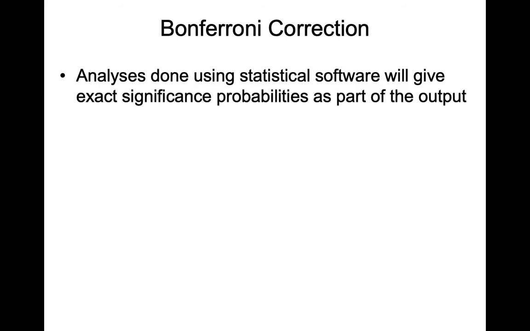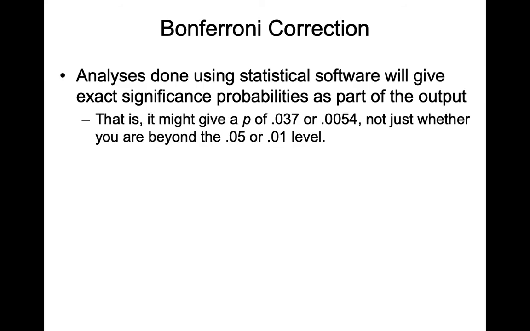Now, it turns out that in the real world, most analyses are done using statistical software. And when you do that, the statistical software will give you the exact significance probabilities as a part of the output. So that is, you might calculate an F, and your statistical software will say that the probability of getting this F is 0.037, or the probability of getting this F is 0.054.